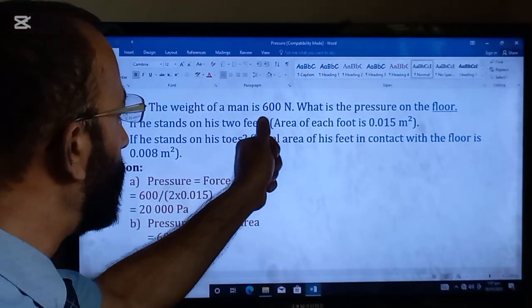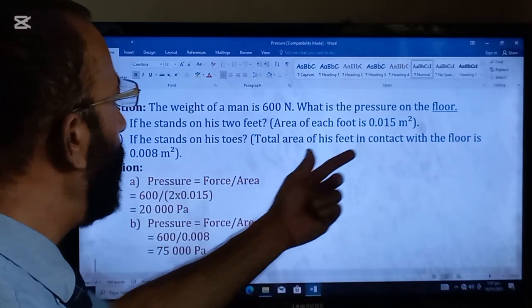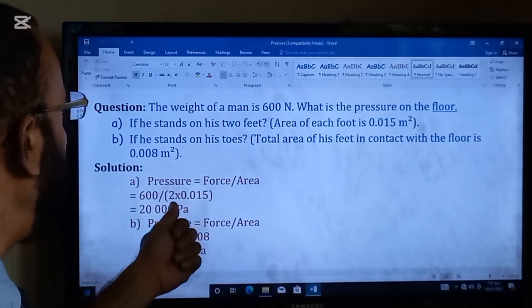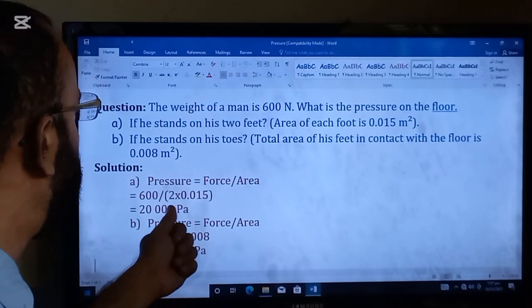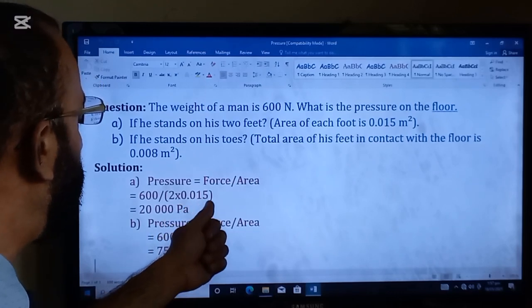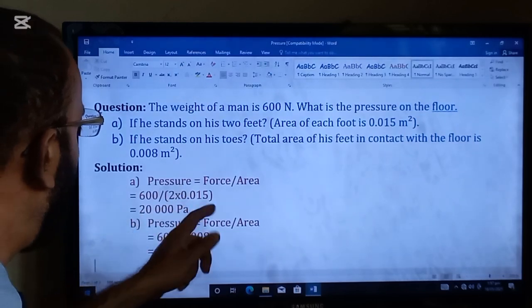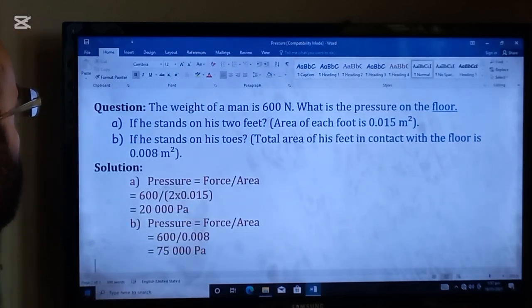Force is 600 newtons. When he is standing on 2 feet, the area will be 0.015 into 2, because this is the area of 1 foot, so 2 into 0.015 will be the total area of the 2 feet. After solving it on the calculator, the answer will be 20,000 pascals.